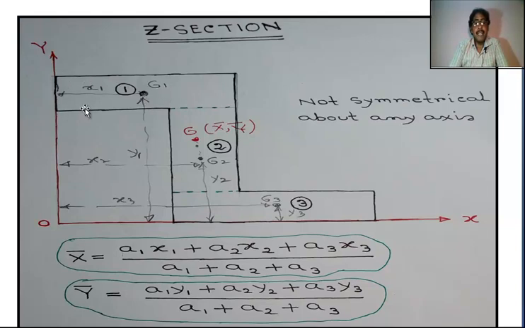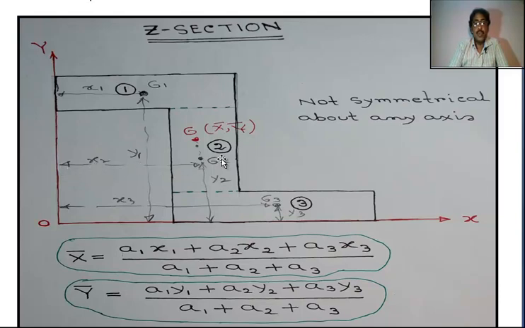Here G1 is the centroid of area 1. Distance from y-axis G1 is x1. Distance from x-axis y1. This area is A2. G2 is the CG of area A2.